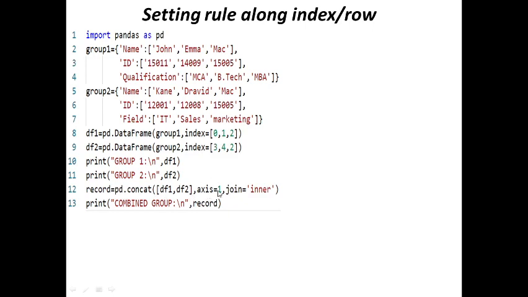So when axis equals to 1, we are dealing with index, and join equals to inner. So join equals to inner. When we write inner, that means resultant data frame will be having common row with same index value.